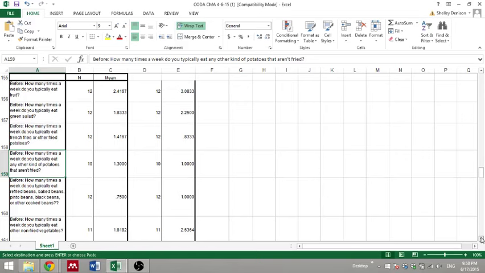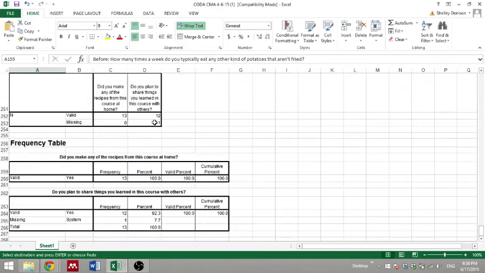All right, so after these before and after survey questions, we get down to this one. And again, this is somewhere that you need to pay attention to the valid or missing. So like this one, do you plan to share the things you learned? Only 12 people answered that question, so you're only going to worry about this frequency equals 12.